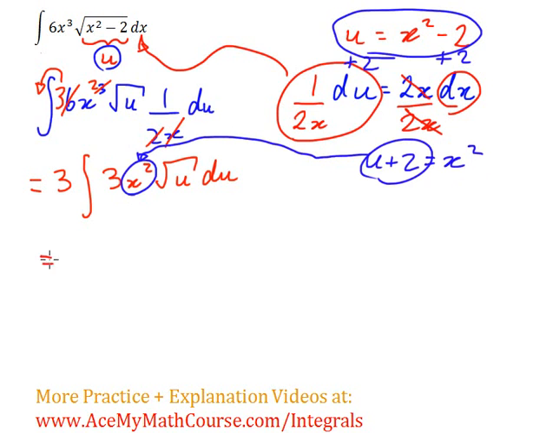Oh, and I mistakenly wrote this 3 again. The 3 is gone, because it came outside. Hope I didn't confuse anyone with that. Sorry. Hopefully it makes sense now. So we have u plus 2 times the square root of u.